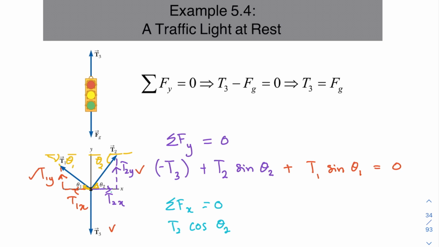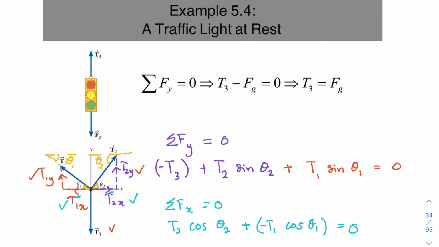Why is it positive? Because it's pointing to the right, positive x. Plus T1x. How to get T1x? T1 cos theta 1, but it's pointing to the left, therefore it has a negative sign. Is there any other component for x left? No, we've done with these two, equivalent to 0. If you have two unknowns, you must have two equations to be solved simultaneously.